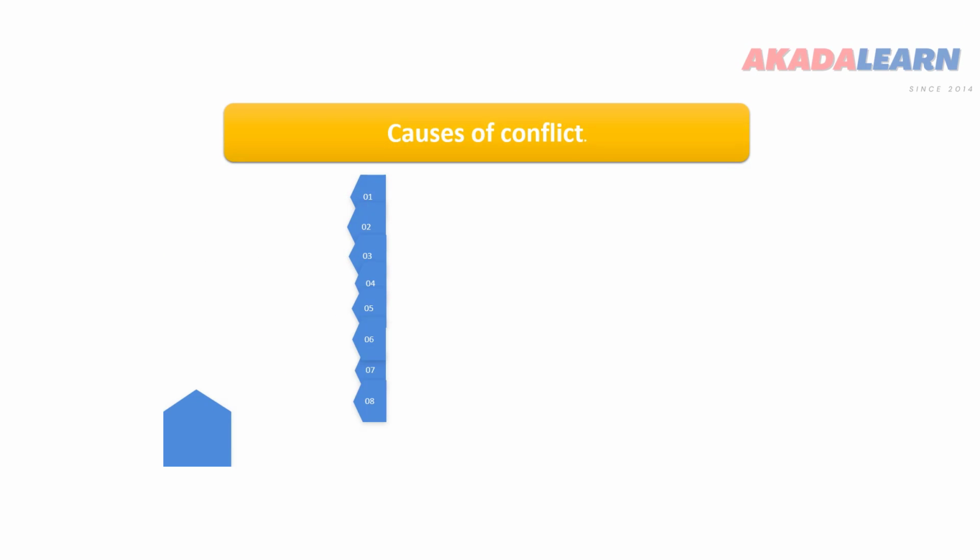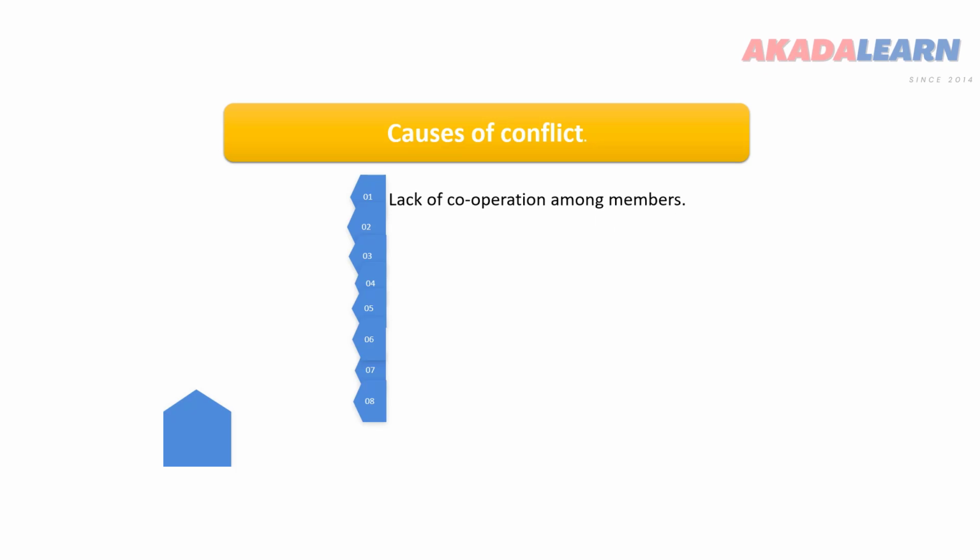Let's look at some of the causes of conflicts in our society. The first one is lack of cooperation among members. When there's no cooperation, there's bound to be arguments, fighting, disagreements, and so on. Another cause of conflict is cheating. When you cheat others, people feel cheated and fight back.